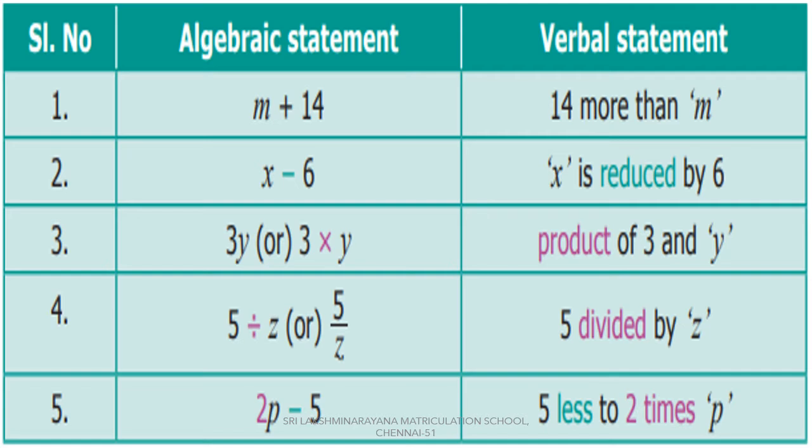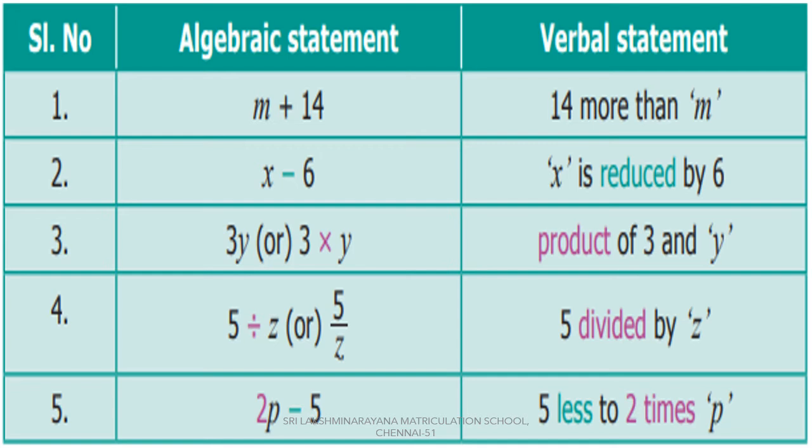So m plus 14 is 14 more than m, or we can write it as 14 added to m, or simply m plus 14. X minus 6: we can write it as x is reduced by 6, or 6 subtracted from x.